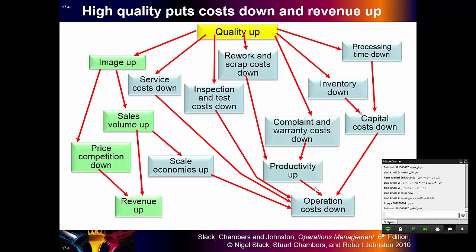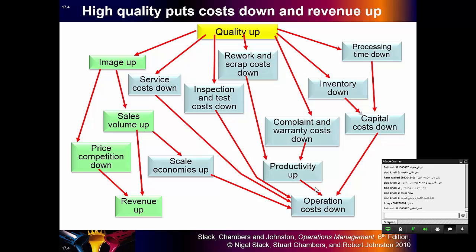So in quality, if I want to increase the quality, I should decrease the inventory to the minimum amount that I need in all the operation. So when I increase the quality, the inventory will go down.